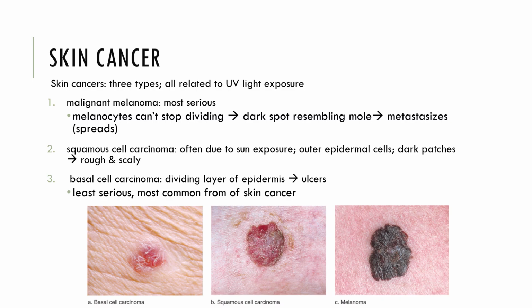The most common form of skin cancer is basal cell carcinoma. So again, most dangerous is malignant melanoma, and the most common skin cancer is basal cell carcinoma. This is also the least serious form of skin cancer.